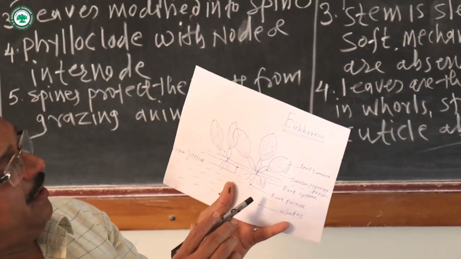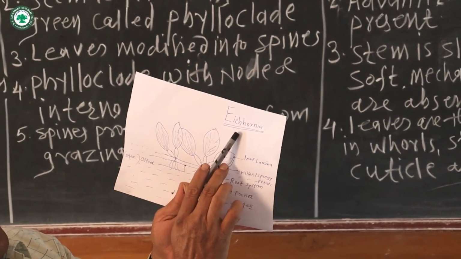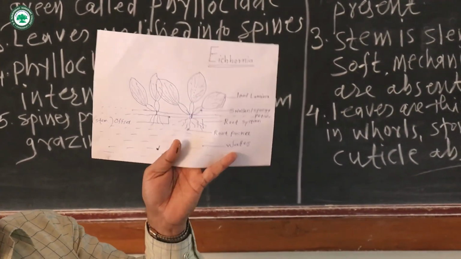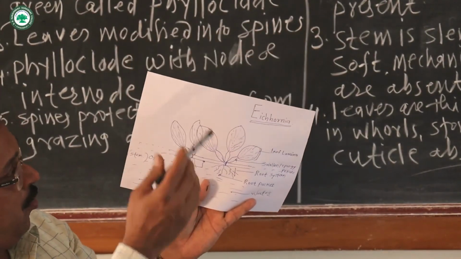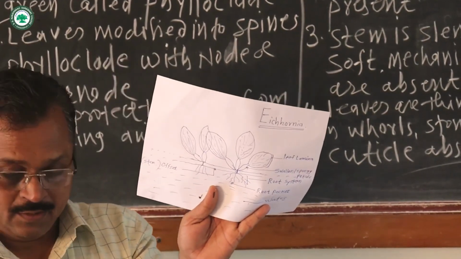These are the characteristic features of the aquatic plant Eichhornia. How to identify this plant? On these characteristic features. Okay, thank you.